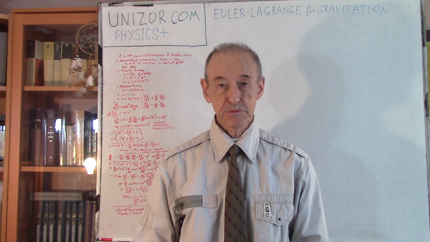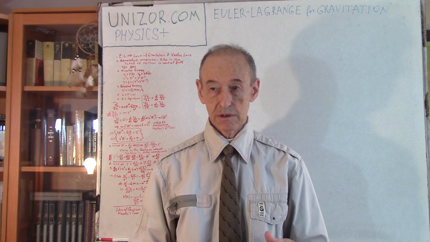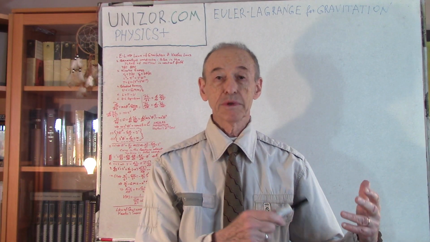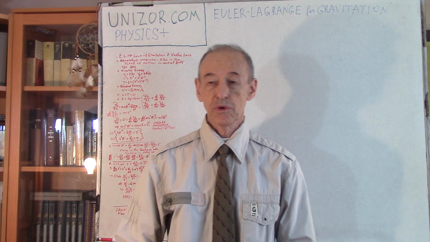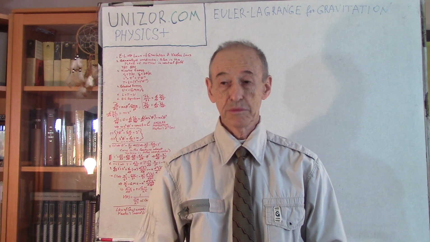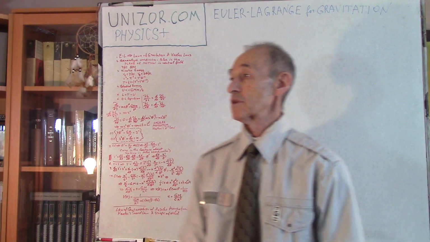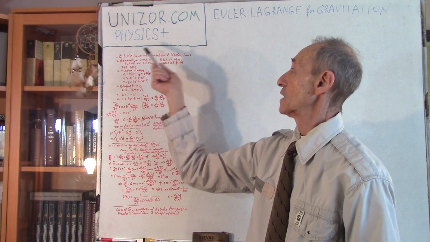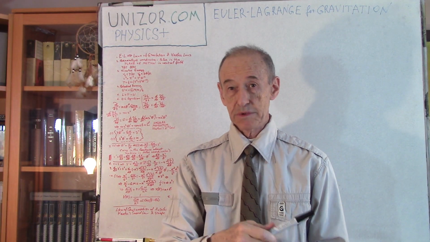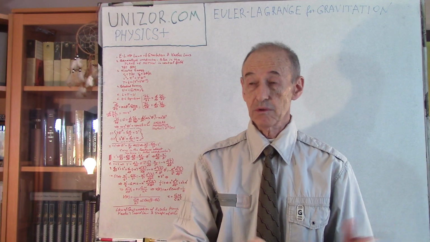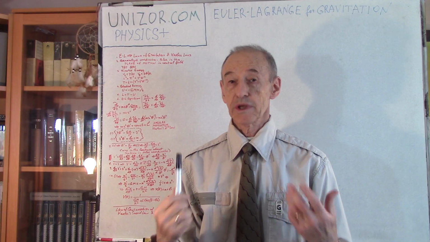We did address this issue in previous lectures before we introduced the Lagrangian. We were talking about Kepler's laws of planetary movements: the first, the second, and the third law. I suggest you read the material about these lectures again. All these lectures are presented on Unizor.com, as part of the course called Physics Plus. There is a part of the course called Kepler's law, and right now we are in the part called Lagrangian.